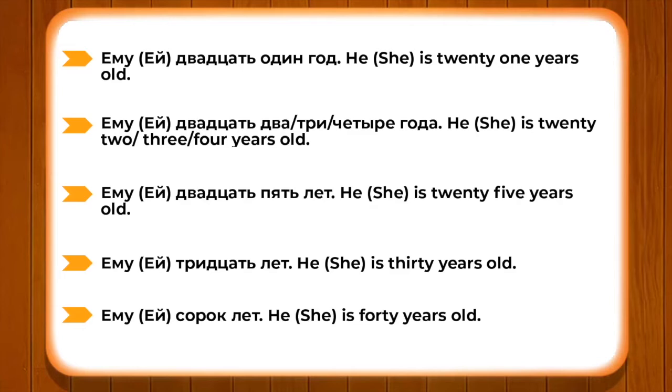Likewise, we have another verb, учиться. But here the ending of the verb is absolutely different from the ending of писать. So the conjugation would be different. How do we conjugate the verb учиться? Я учусь, ты учишься, он, она учится, мы учимся, вы учитесь, and они учатся.